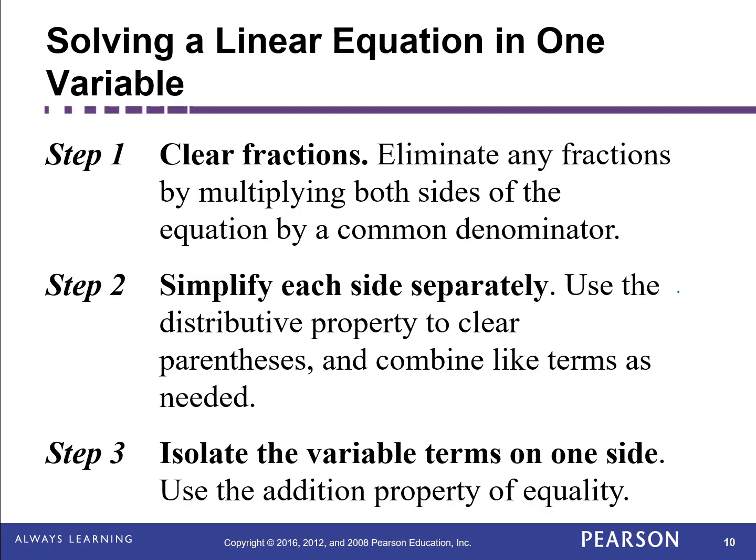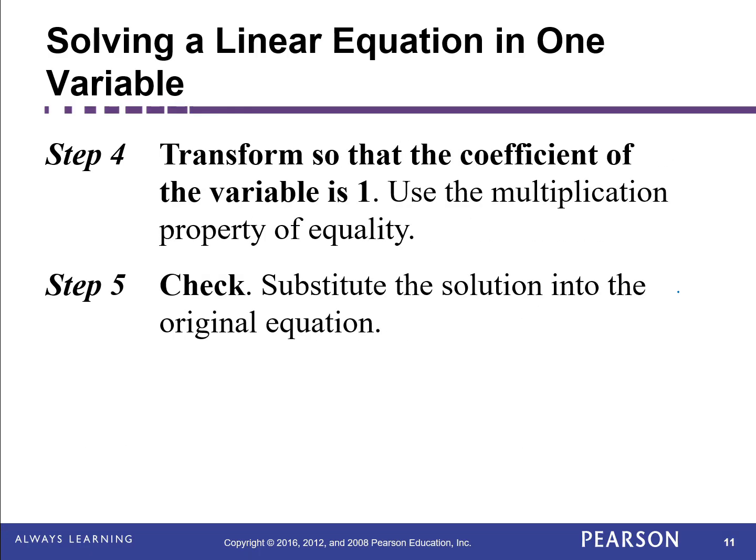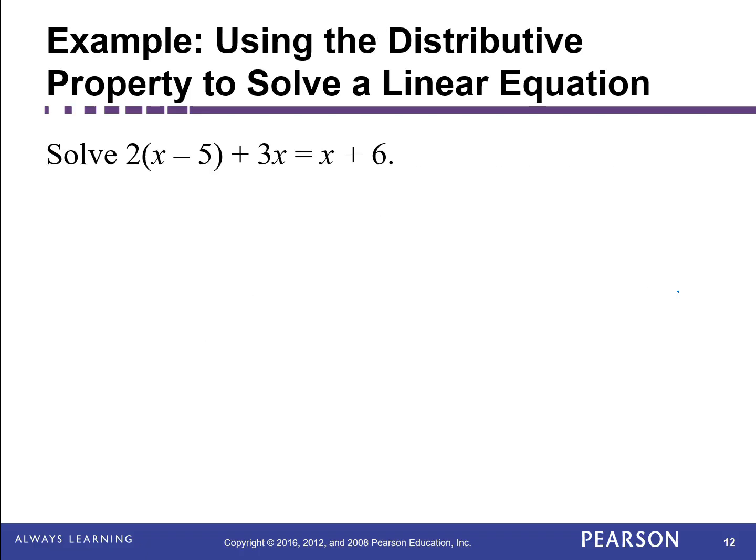Step 3, we want to isolate the variable terms on one side. We will use the addition property of equality. Step 4, we want to transform so that the coefficient of the variable is 1. Use the multiplication property of equality. And step 5, we want to check. We want to substitute the solution in the original equation.